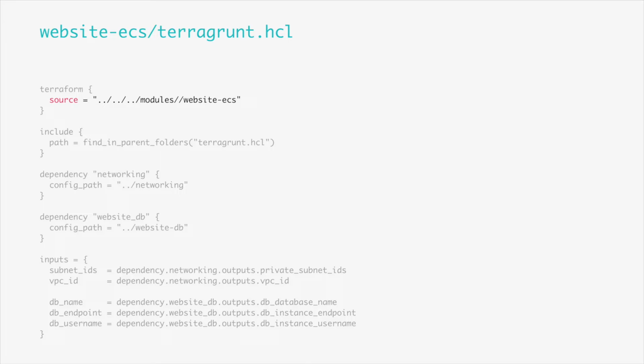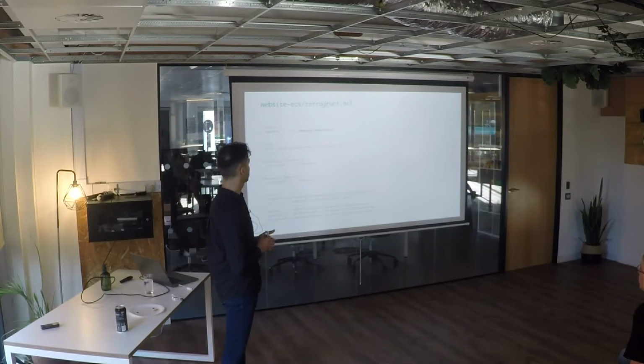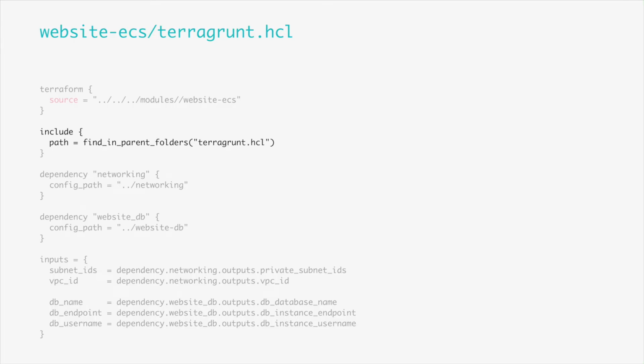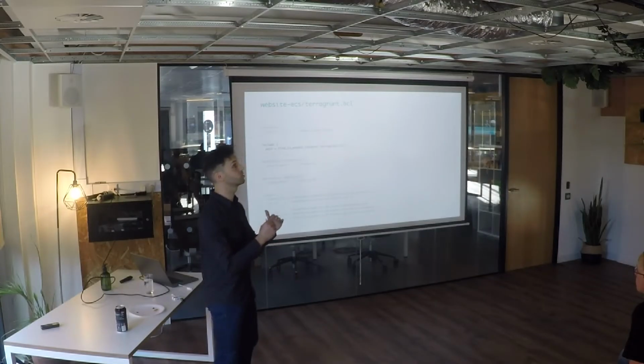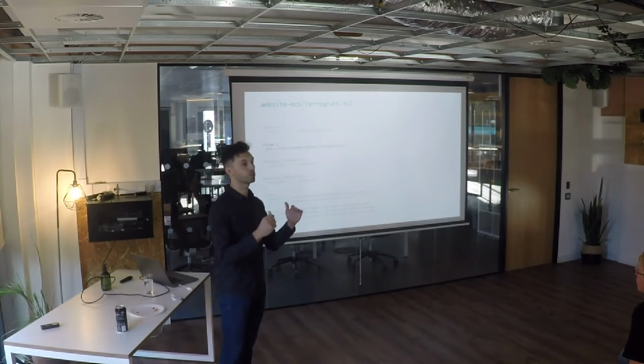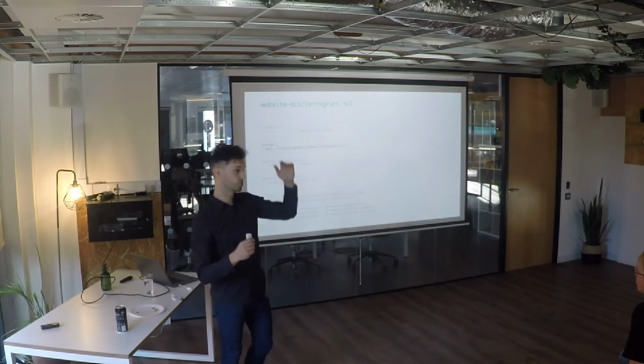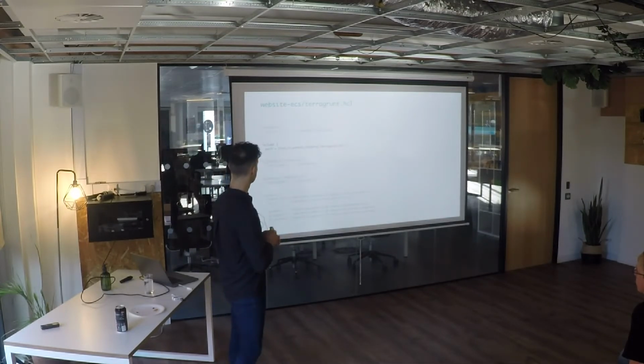So this is an example of a Terragrunt HCL file. I'll still point it to a module, a single module. Here, I'm just saying I can inherit everything that has been defined in the Terragrunt files defined above. So I'll just inherit everything for free.